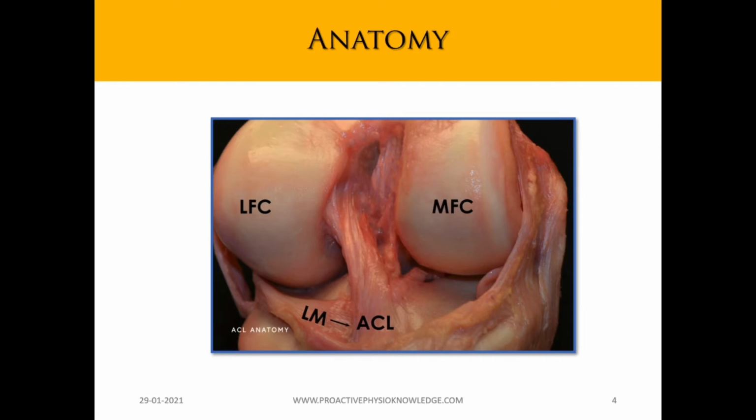The ACL starts from the tibia and ends at the femoral condyle. The ACL contains mechanoreceptors, hence it directly influences the neuromuscular control of the knee joint. Some portion of the ACL is also attached to the lateral meniscus.